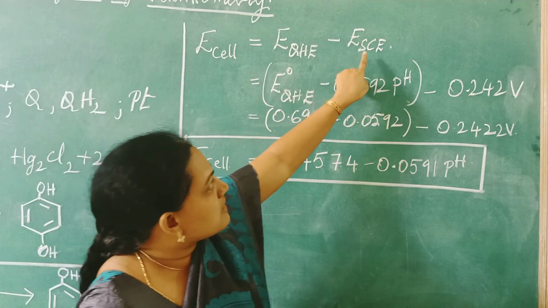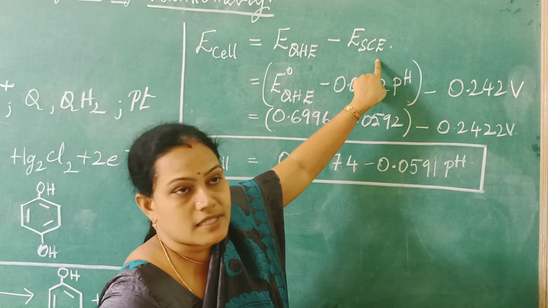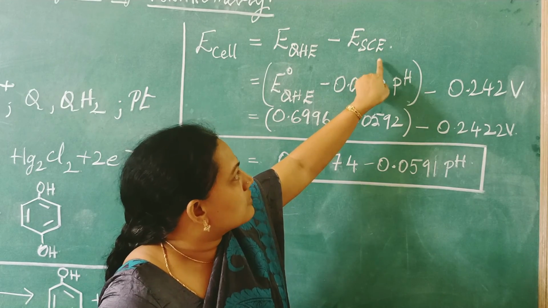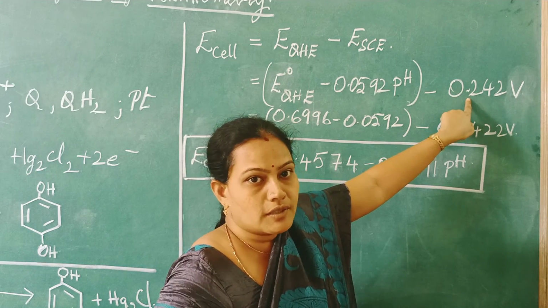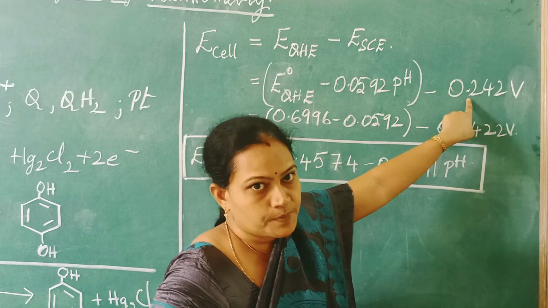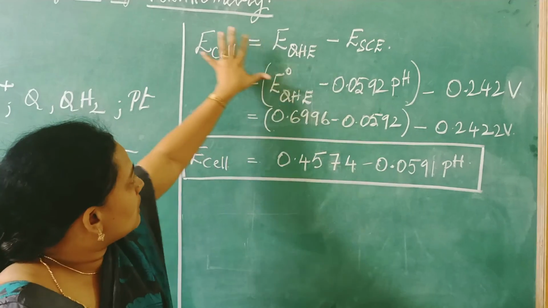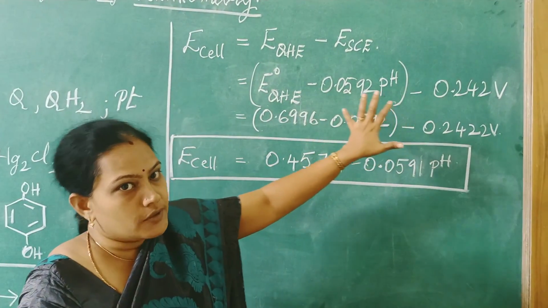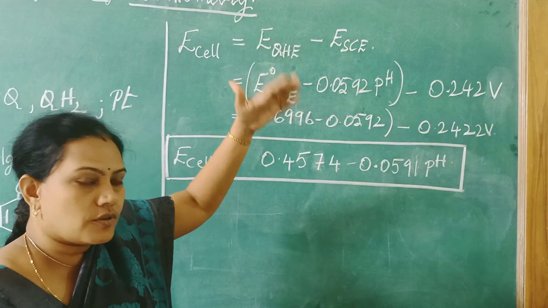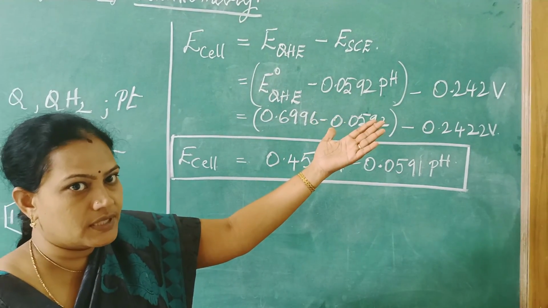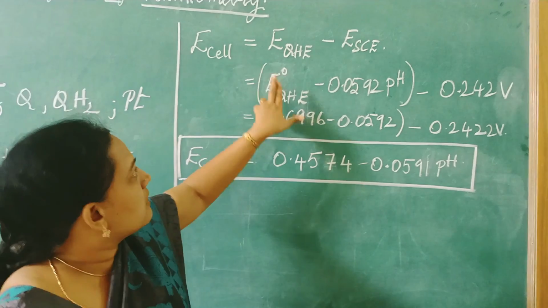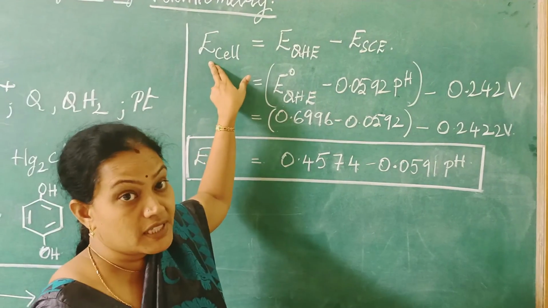Now on the left hand side, we have the saturated calomel electrode. Now this potential of saturated calomel electrode is going to remain constant, that is 0.2422 volts. Now when we overall observe the changes in the values of E cell during the course of acid-base titration, that is HCl against the sodium hydroxide that we are taking, we observe that there is decrease in the values of E cell.